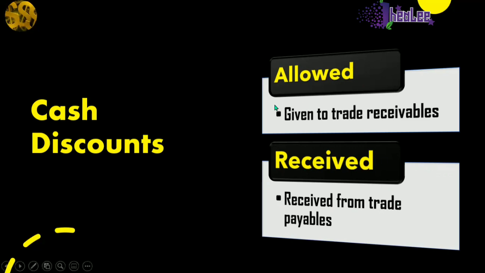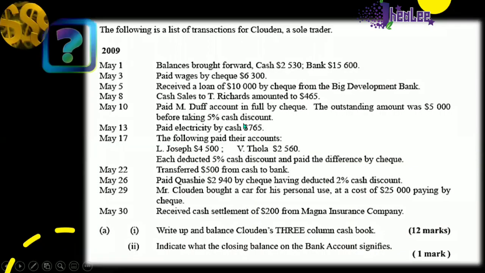Now we're going to look at this question, which is taken from the January 2010 CSEC past paper, and that's number 2. From the list of transactions, we are required to write up and balance Clauden's three-column cash book and to indicate what the closing balance on the bank account signifies.